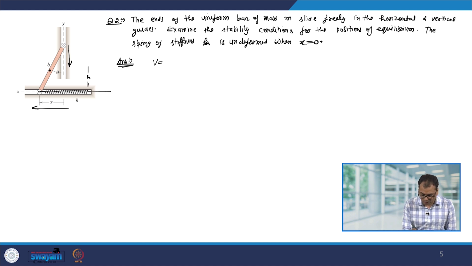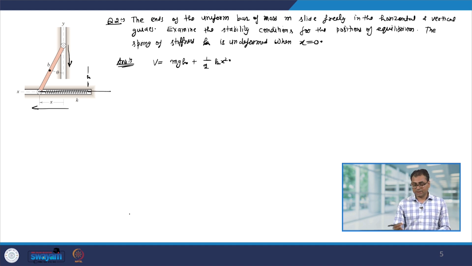So, this is where the center of mass of this rod is. So, the potential energy V will be mg into h, and the spring is stretched in this case by an amount x. Therefore, the energy associated with the spring will be half k x square.